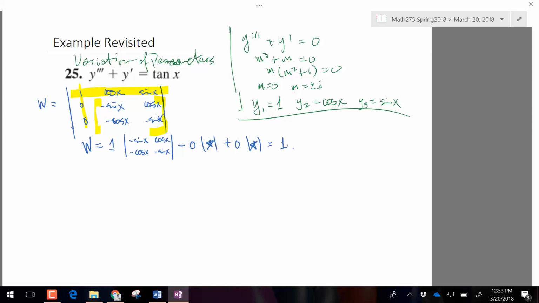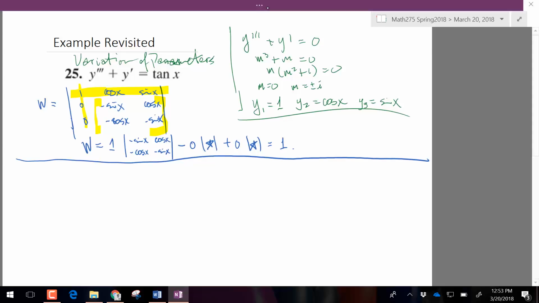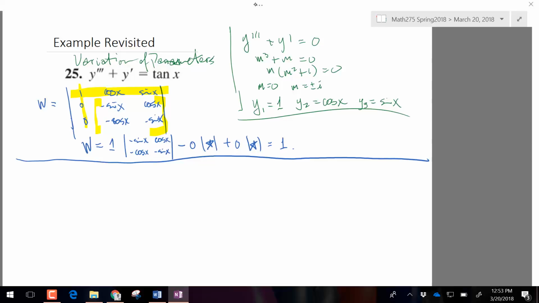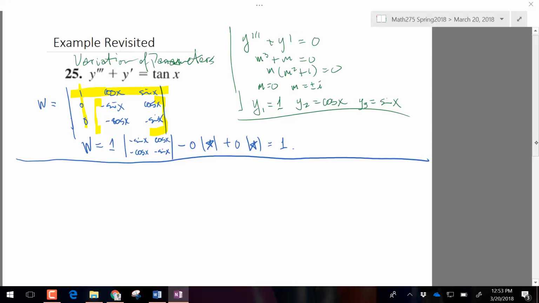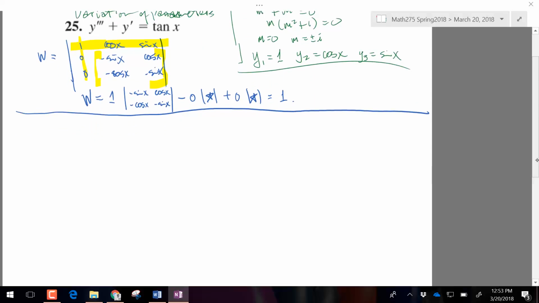Okay. So now we're going to need 3 of these. We're going to need W1, W2, W3. Let's see if I can make it all fit into one row here. So our f of x is equal to tan x.